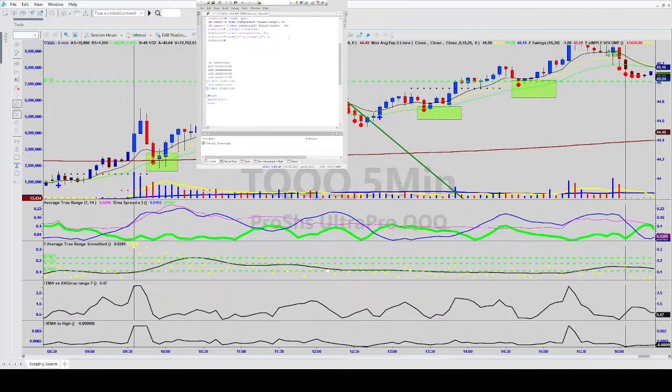Condition 9 equals the average of the close for the 9 is less than average close 9. Bingo. Tomato. Potato. Pistachio.